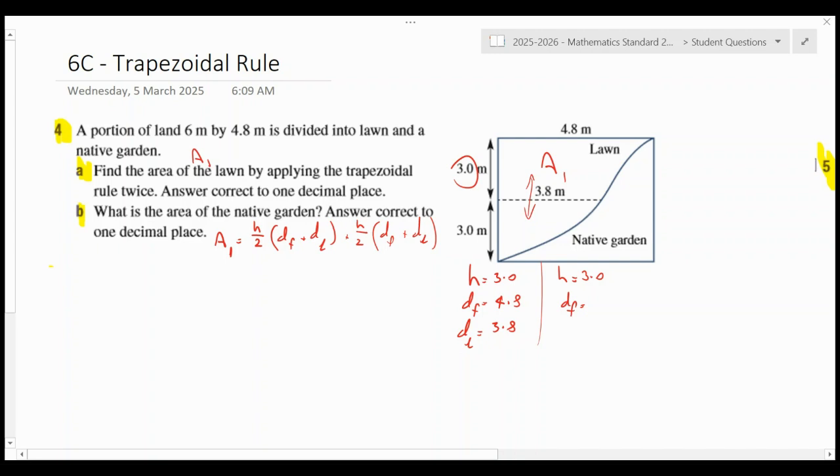So df for this one is 3.8, because that's my first dl, and my dl for the last one is 0 because it comes back to that point there. Then I'm subbing that in: 3.0 over 2 times (4.8 plus 3.8), plus 3.0 over 2 times (3.8 plus 0).